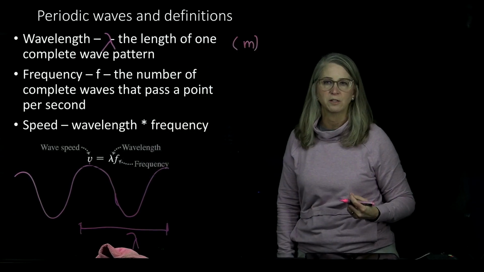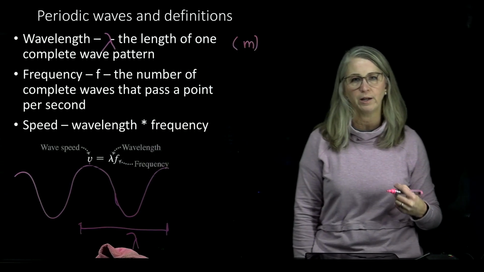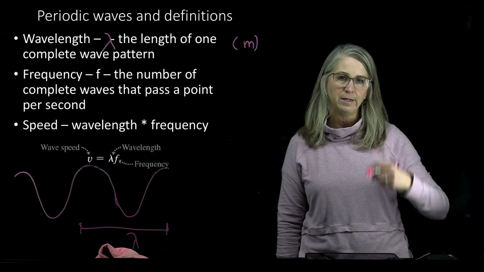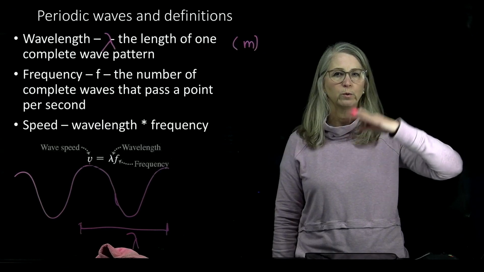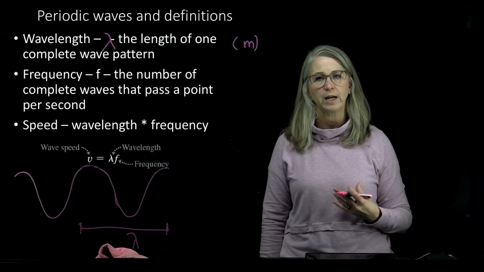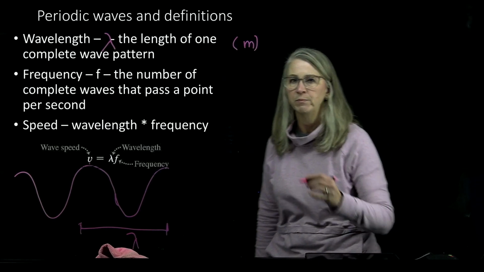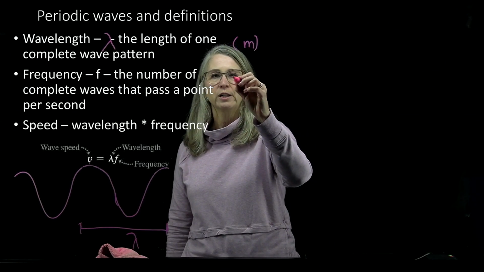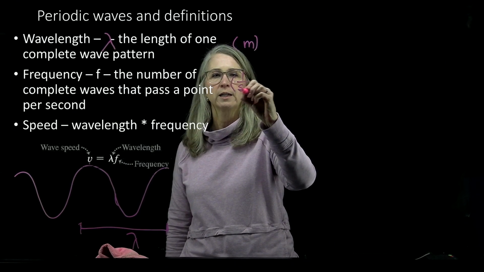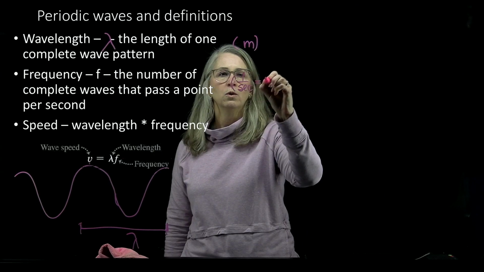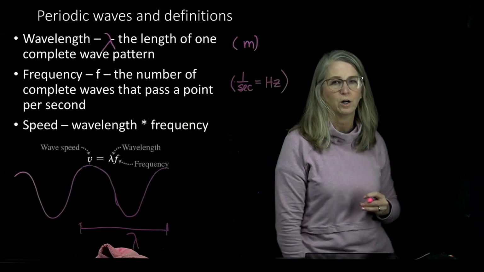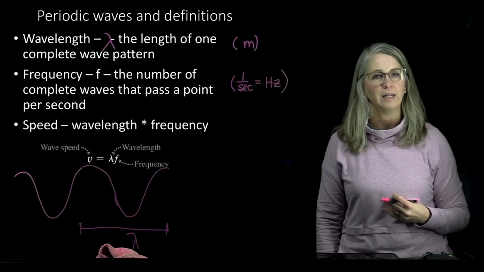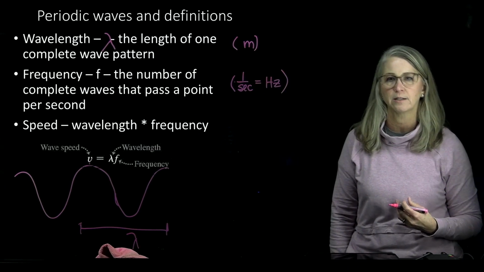Then we also talked about the frequency. Remember, we talked about how the seagull would bounce up and down, and the number of complete waves that would pass that seagull per second represented the frequency. This can be measured in 1/seconds, or we might use the unit we call hertz, which is basically just a name for the unit of 1/seconds.